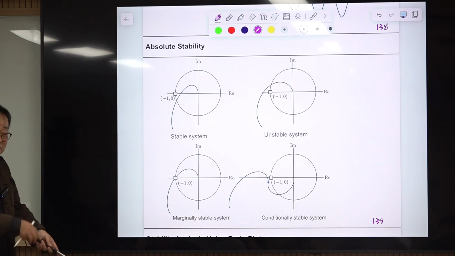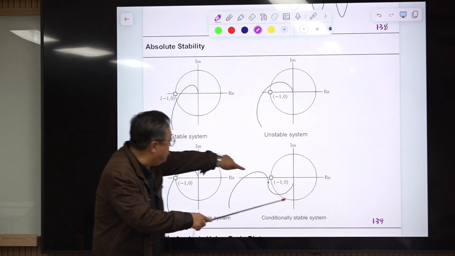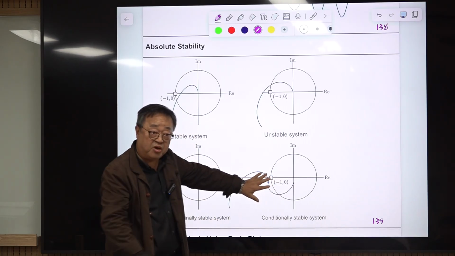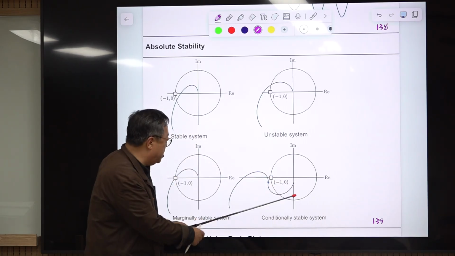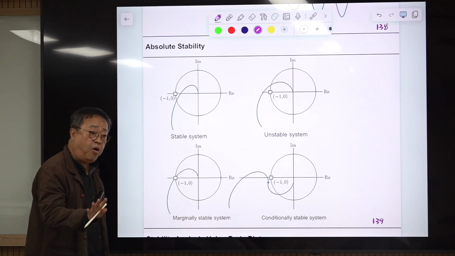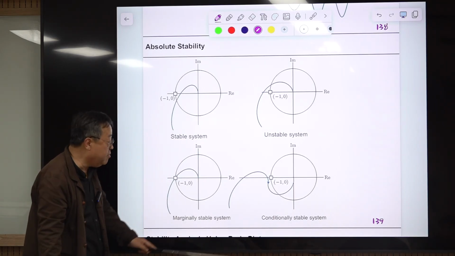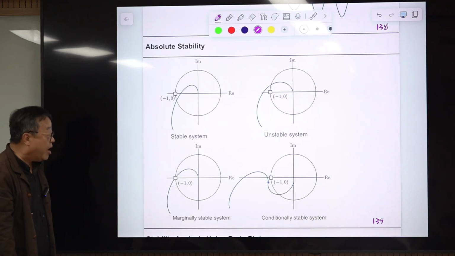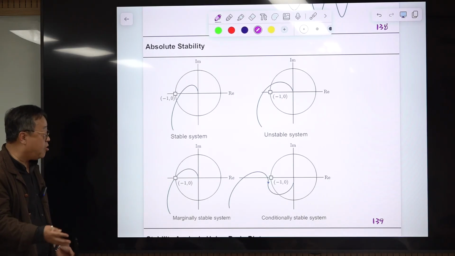Think about Nyquist: this curve avoids encircling the point, so this is stable. But it is a very strange, eccentric, bad system. There is a special name for this: a conditionally stable system. What is the condition?